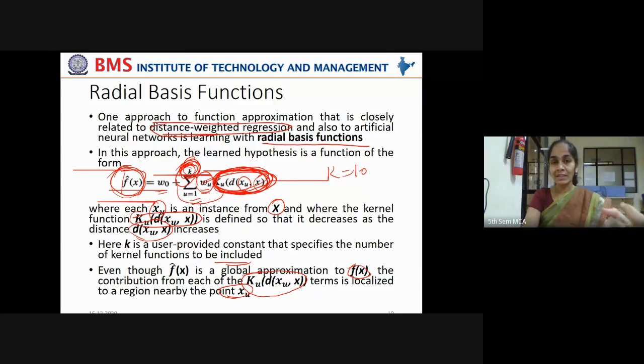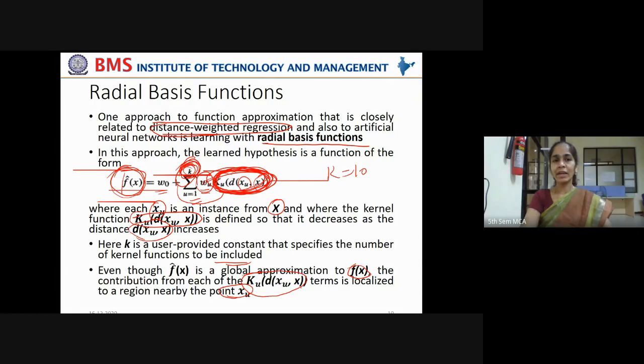Why? Because when the distance is decreasing, the kernel function's value will increase. When the distance is increasing, the kernel function's value will reduce, right? So for all the nearest neighbors, this kernel function will have higher value. That is how this global approximation will be measured in terms of localized values, nearest neighbor values.